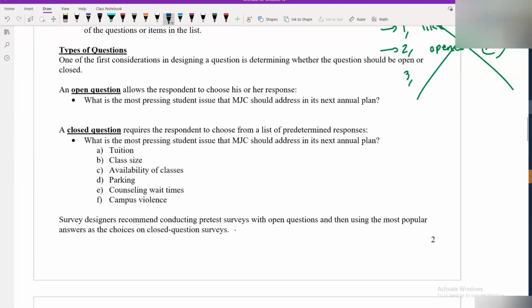So for the first one, the open question, this is harder to analyze.